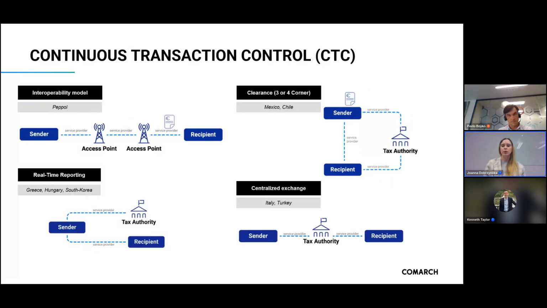When it comes to the models in which invoicing is implemented, they mostly belong to the group of the centralized transaction model, where a tax authority-owned platform handles the whole exchange of invoicing between buyers and sellers. But as I've already mentioned, Germany is going to be an exception from this rule.